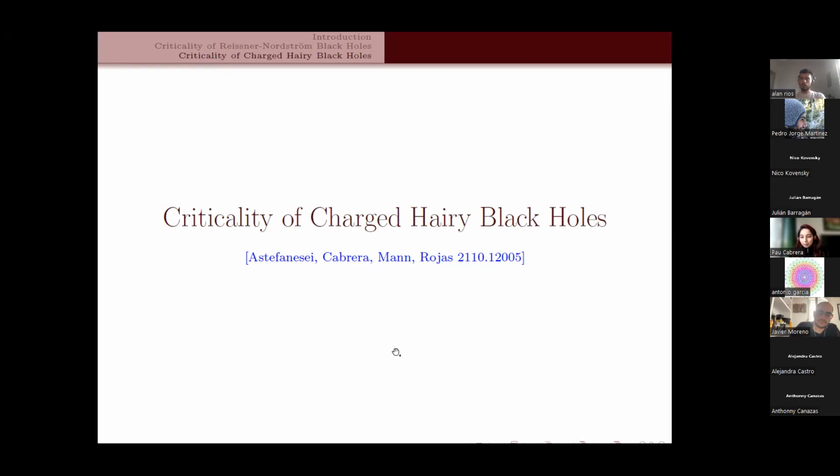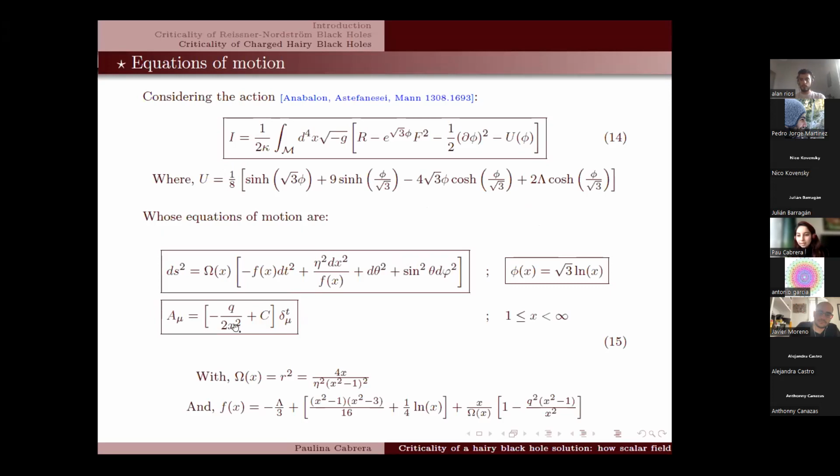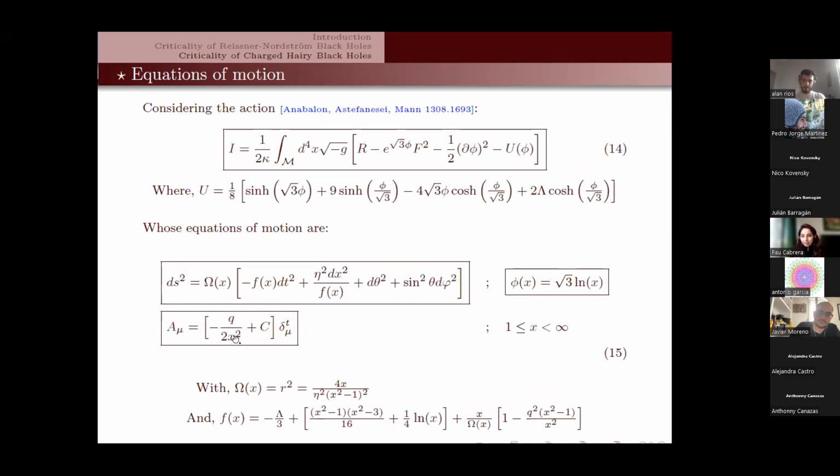And we start with an exact hairy black hole solution to the Einstein-Maxwell dilaton theory with a non-trivial self-interaction reflected in this potential.